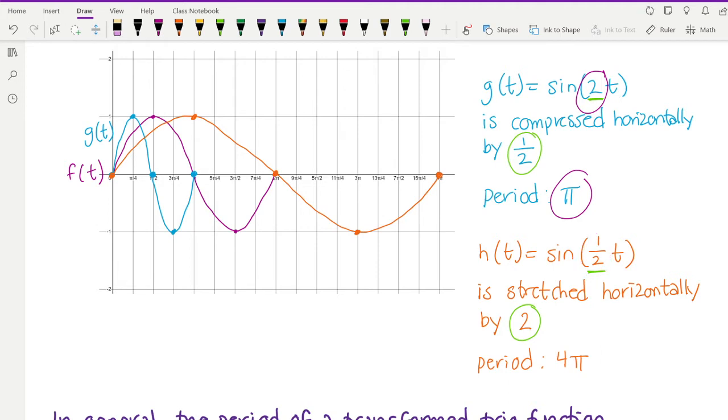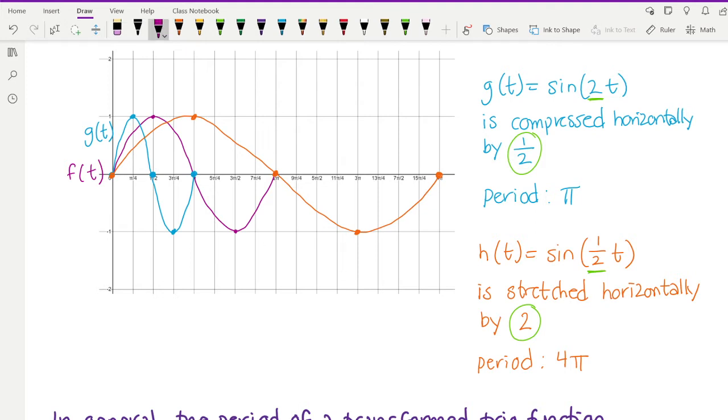So I think it's probably easier to see in the first example, the one in blue. So normally, the period is 2 pi, right? And so if we compressed it by 1/2, well, we took 2 pi and we divided it by 2, right? 2 pi divided by 2 gives us pi. And so we did basically 2 pi, the normal period, divided by that number k.